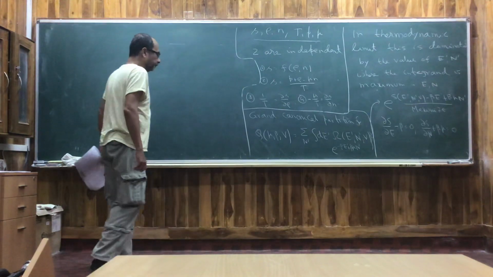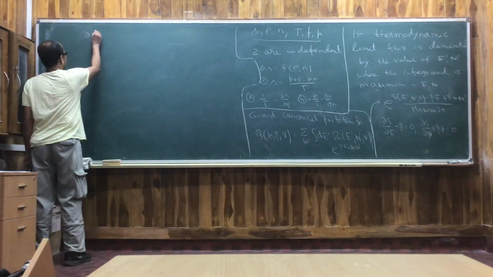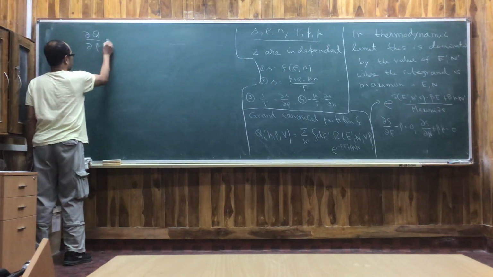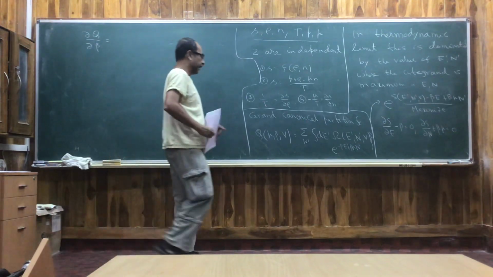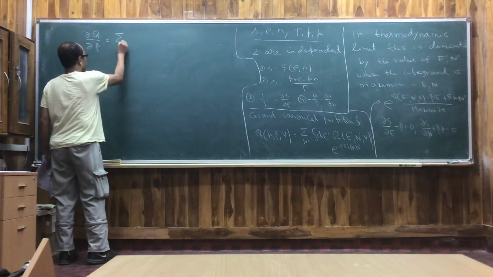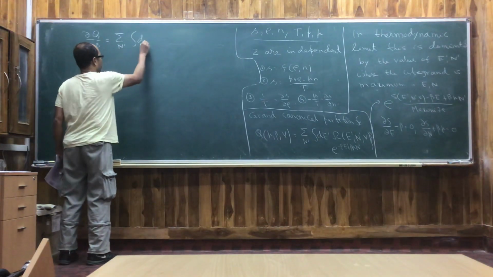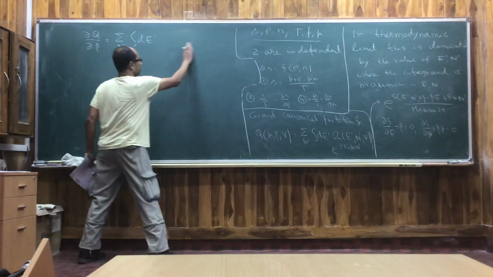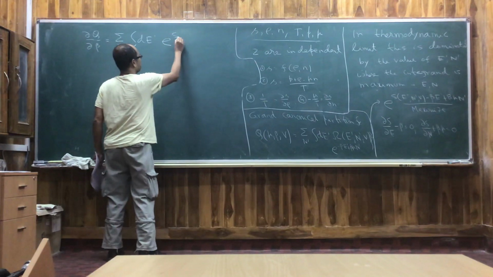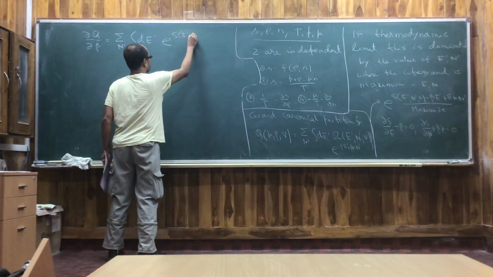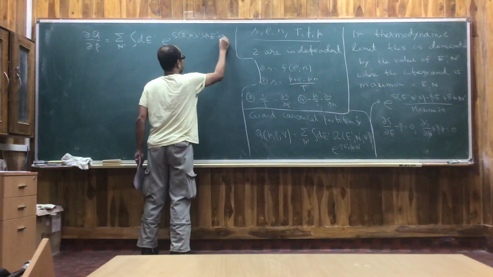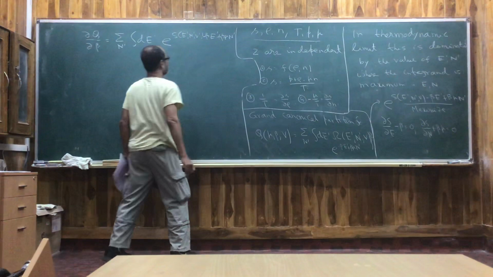For example, if we calculate del Q, del beta: in this you bring down the sum over n prime, integral dE prime, of omega, which is exponential of S of E prime, N prime, minus beta (E prime minus mu N prime), and the derivative with respect to beta brings down a factor of E prime.